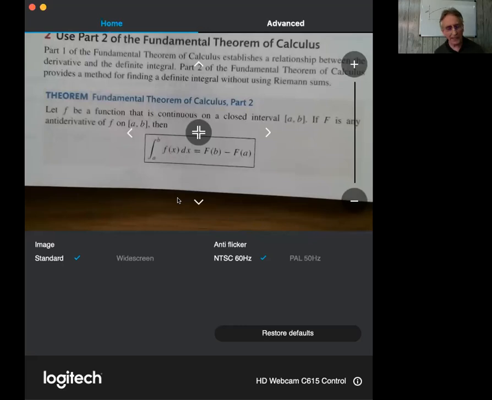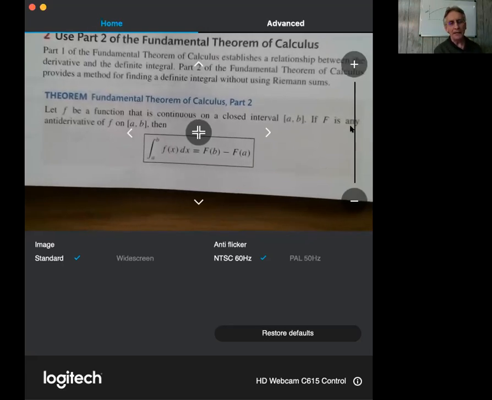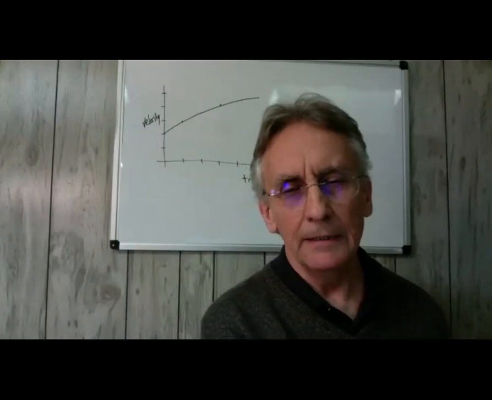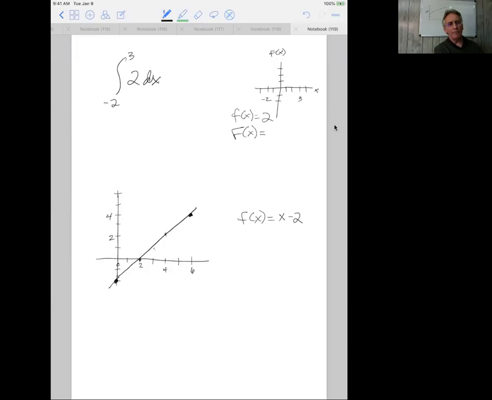All right, so let me give you a couple of examples of that now, and let me go to the iPad here. All right, so first of all, let's take a look at this function.